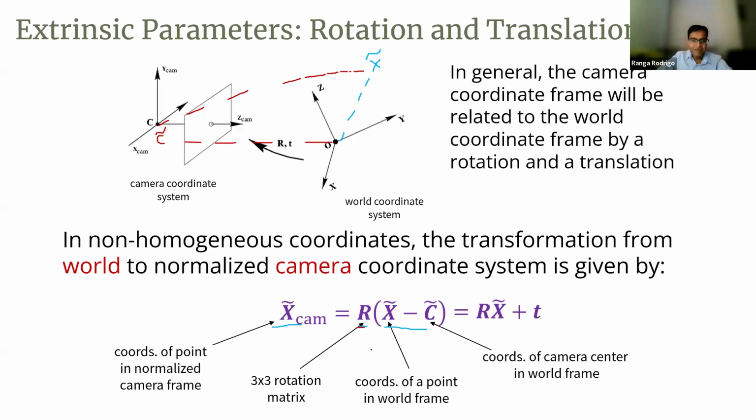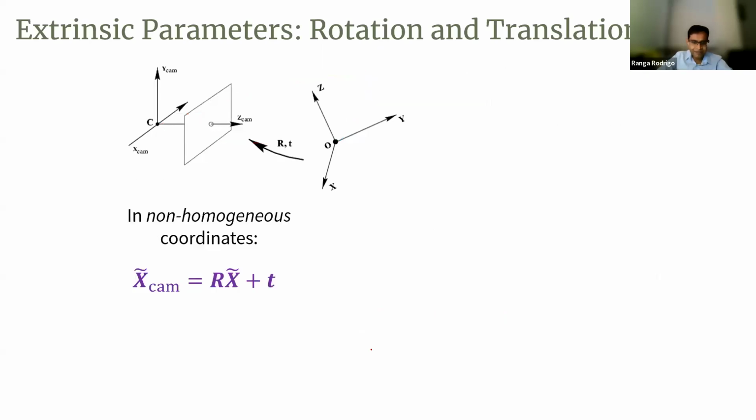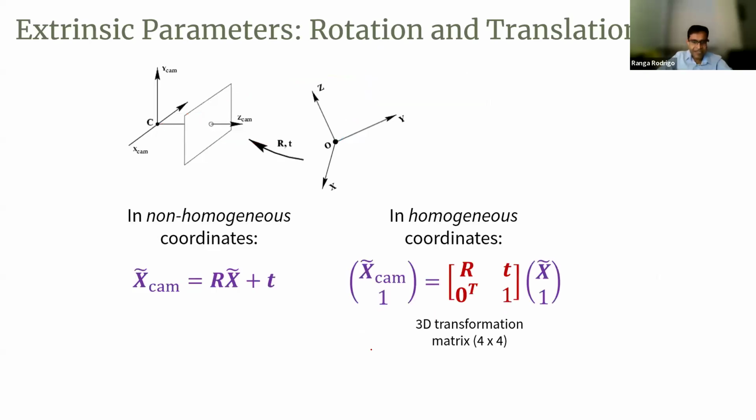Yeah. So now with this we can write Rx plus T, where T is the translation after that rotation. So in non-homogeneous coordinates, we write this as Rx plus T. But if we add the 1 here, we can write this in homogeneous coordinates. So you can see this T is actually Tx, translation in x direction, Ty, translation in y direction, and Tz, translation in z direction, and 1. This R is a 3 by 3 matrix.